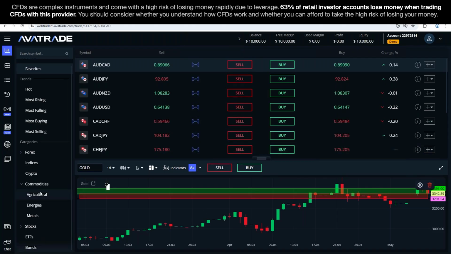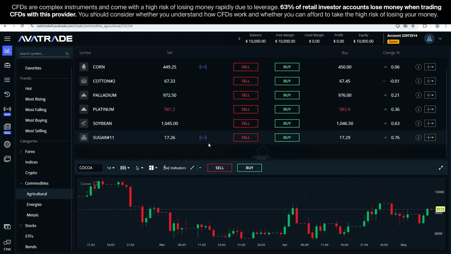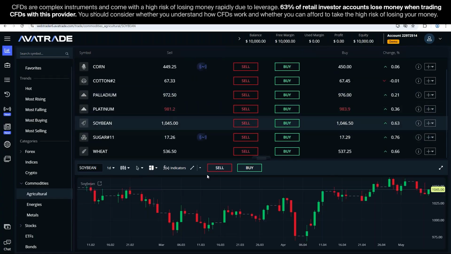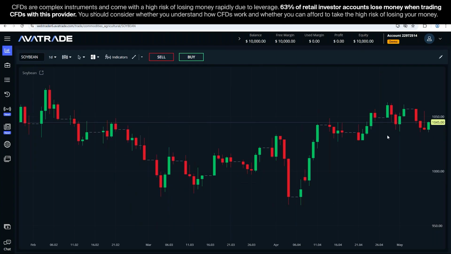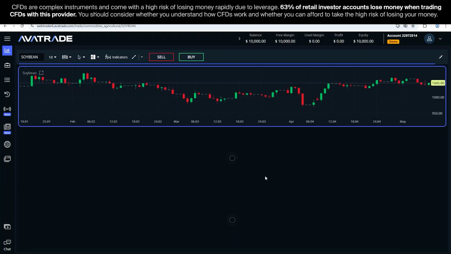We're going to click on the commodities, click on the agriculture, and select maybe sugar or maybe soybean. Yeah, looks quite interesting. All right, so we've got this, and we're going to select the layout button to change the layout to 3 charts instead of 1.